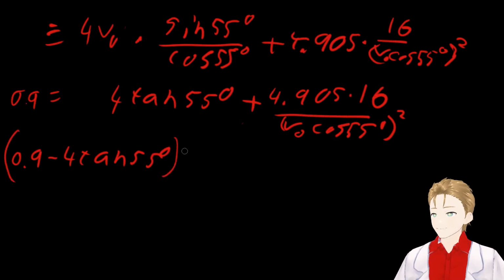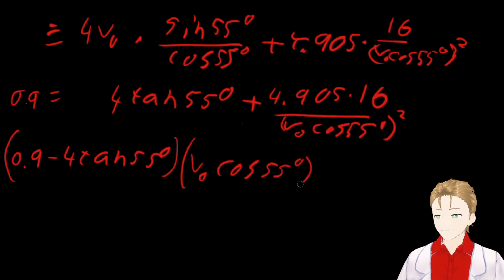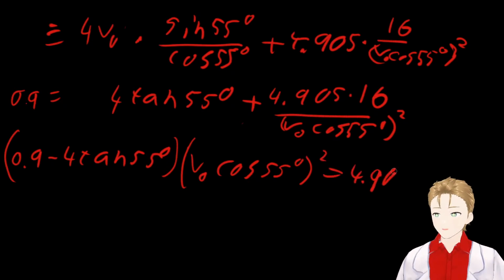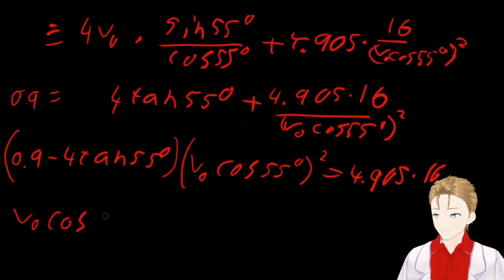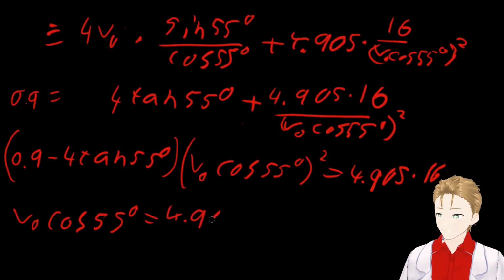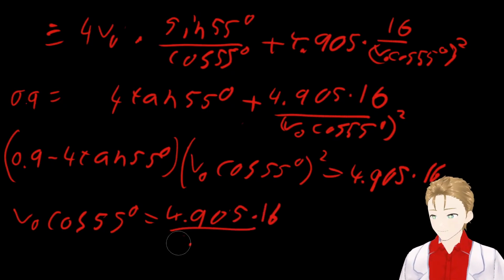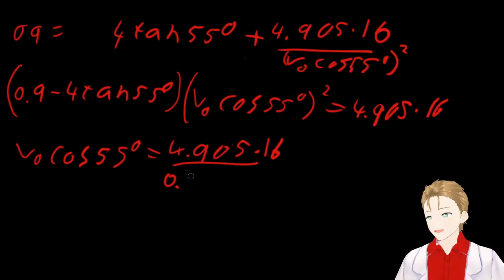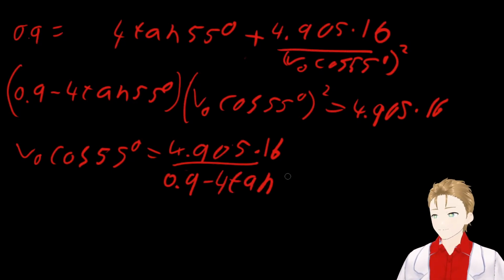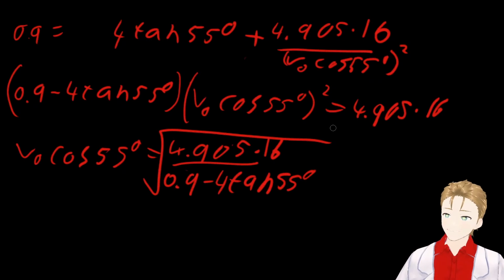Just times this: V0 cosine of 55 degrees squared is equal to 4.905 and 16, and finally we get V0 cosine 55 degrees is equal to 4.905 times 16 all over 0.9 minus 4 tangent of 55 degrees, the square root of this whole thing.